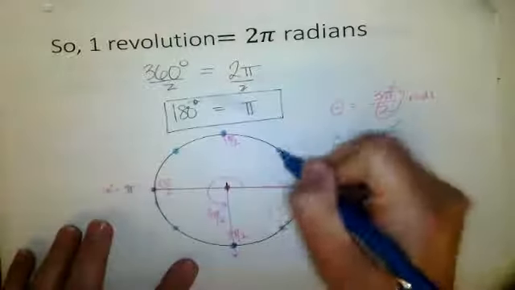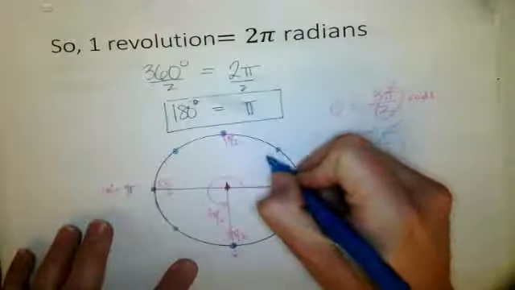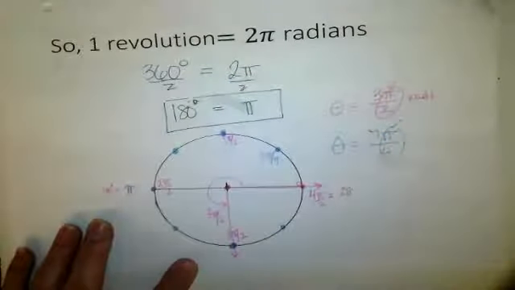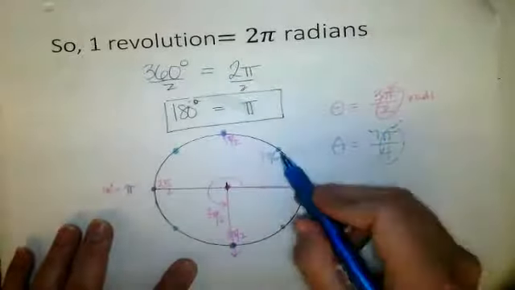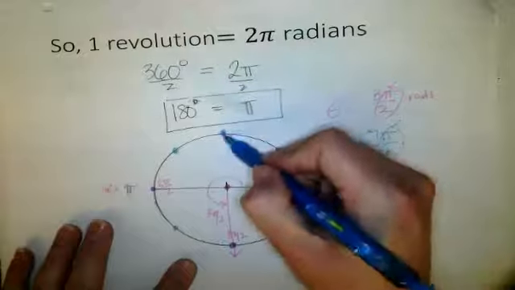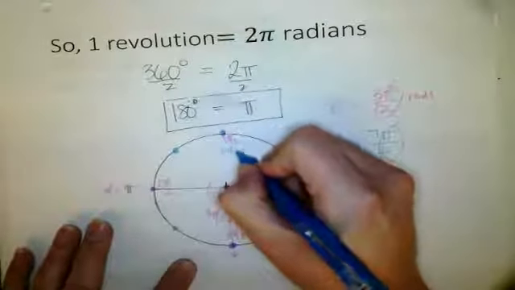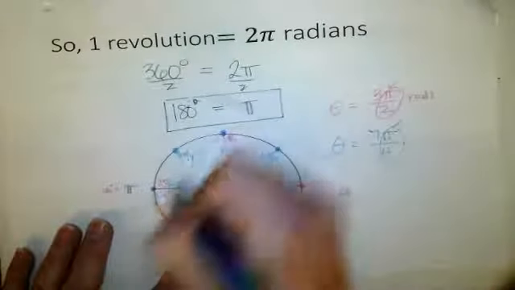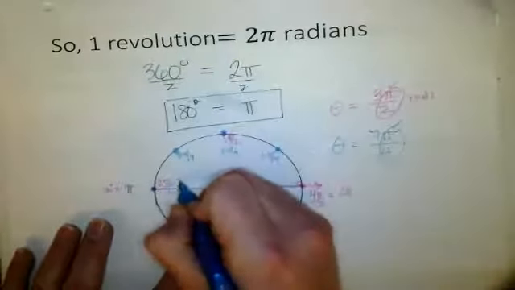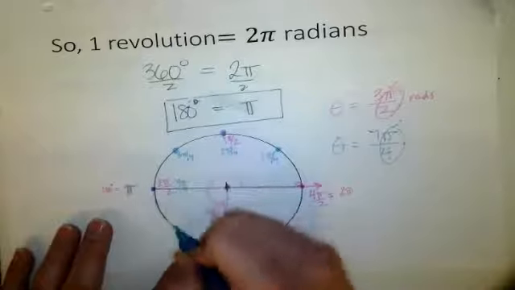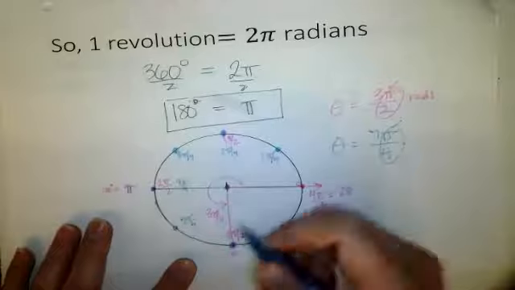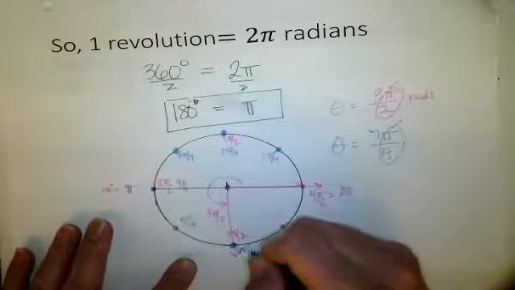So this first dot represents pi divided into 4 equal wedges. 1 pi over 4. What's this one? 2 pi over 4. What's this one? 3 pi over 4. What's this one? 4 pi over 4. Here. 5 pi over 4. What's this one? 6 pi's over 4.